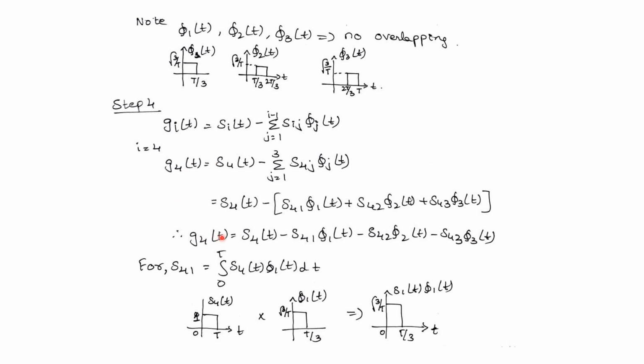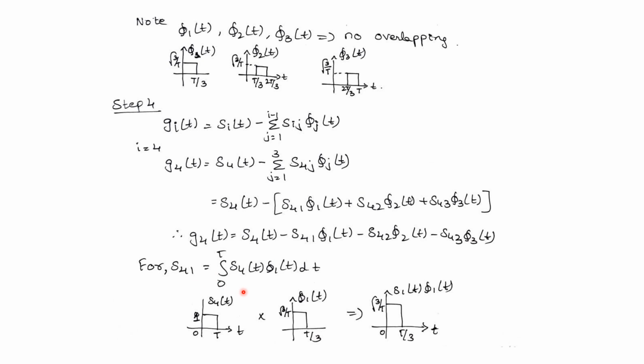After solving this general equation, I am getting G4 of t is equal to S4 of t minus S41 phi 1 of t minus S42 phi 2 of t minus S43 phi 3 of t. In this equation, only S4 of t is given in the question, so I have to find S41, S42 and S43.